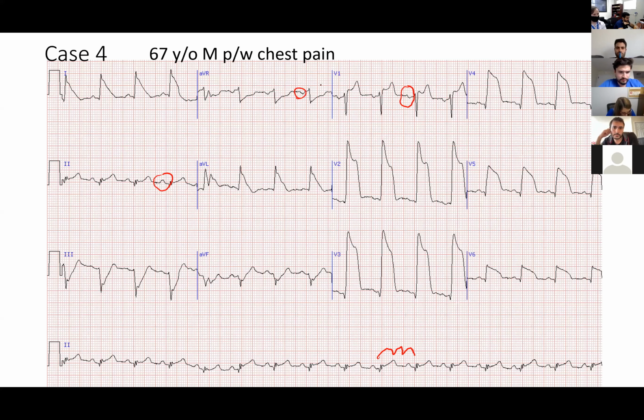I agree. You cannot really see it well because it's fused with whatever is happening there that you'll get to. Yeah, I would say it's well taken. And it is sinus rhythm because there's P waves before every complex, so that's good.